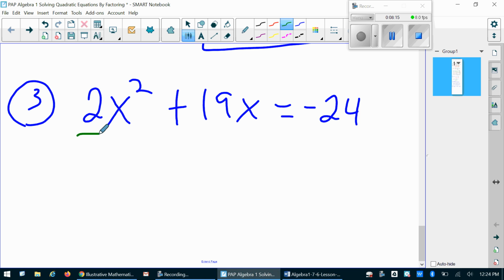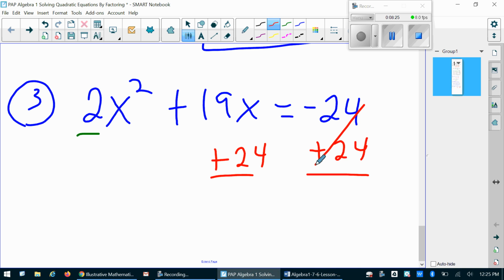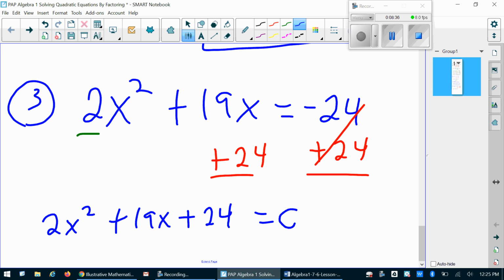If you remember, that's going to change how we factor our expression. But the first step is no different than what we've done previously. I'm going to add 24 to both sides to get everything on one side. So I have 2x squared plus 19x plus 24 equals 0.